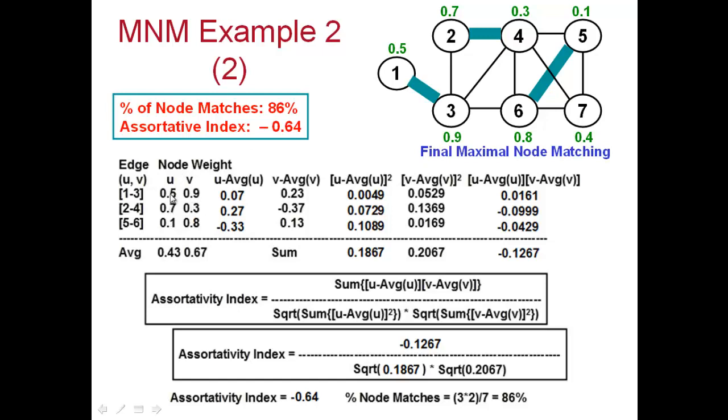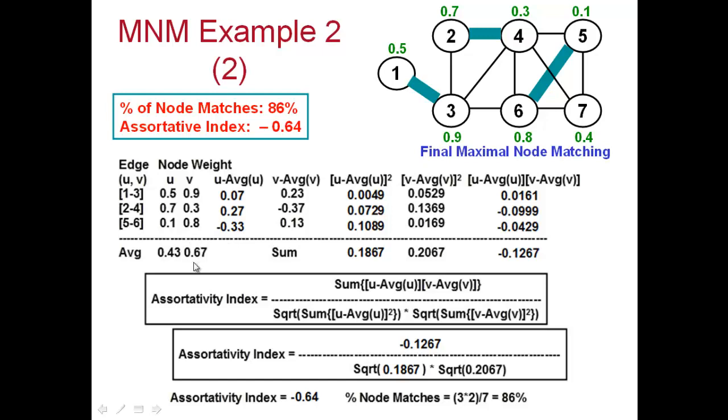So the way we are going to do that is compute the average of u and the average of v. So the average of 0.5, 0.7, 0.1 is going to be 0.43. The average of 0.9, 0.3, 0.8 is 0.67. Now you find u minus the average of u. So the individual values minus 0.43. So that is 0.5 minus 0.43, 0.07, 0.7 minus 0.43, 0.27, 0.1 minus 0.43 is negative 0.33.